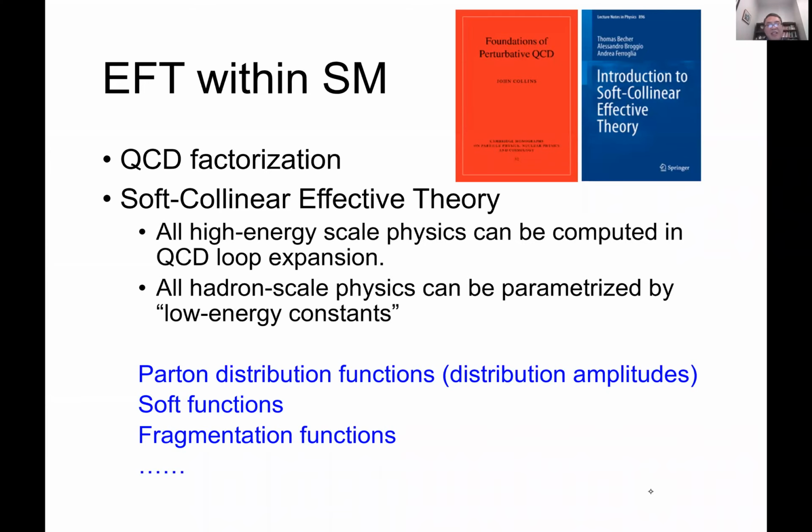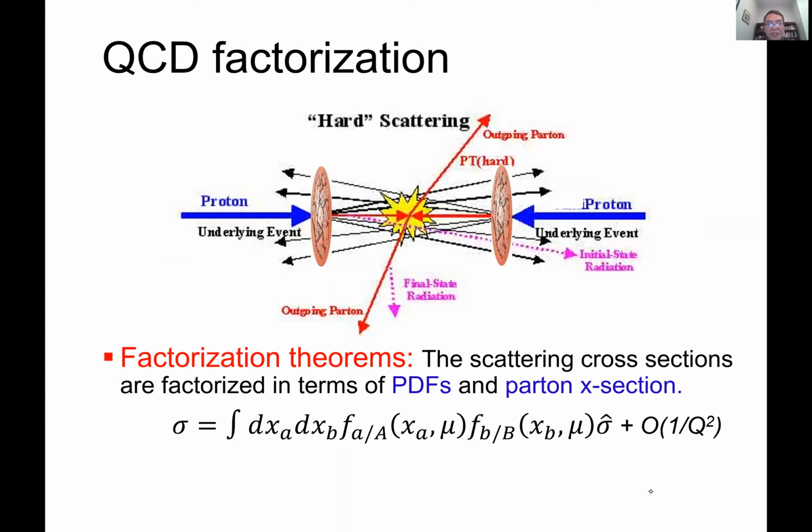So here is a slide showing you how QCD factorization works. You have two protons colliding, and then you have beam functions, and there are Parton distribution functions, and partons collide in the middle. The short distance physics can be calculated in perturbation theory.